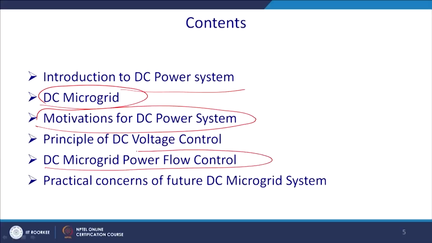Principle of the DC voltage control, we have seen different kinds of voltage control described in the case of AC. Now we will see what can be done by DC. The DC microgrid power flow control, and practical concerns of the future microgrid system. These are the few things that will be discussed here.